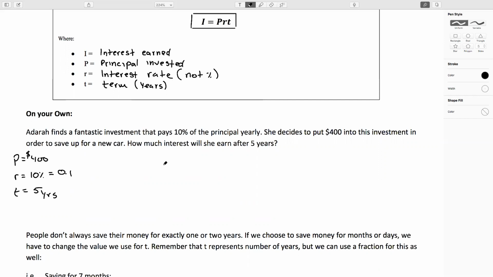So if we want to calculate the interest, I equals PRT. Principal is $400. The interest rate is 0.1, and the term is 5 years. So if we multiply this together, she will earn $200 in interest.